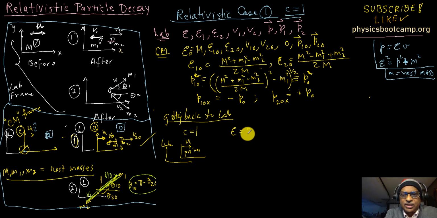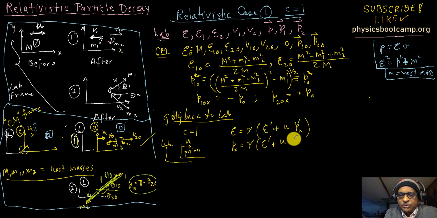E equals gamma (E prime plus U Px prime), and then Px will simply be gamma (Px prime plus U E prime), and then Py equals Py prime and Pz equals Pz prime, right?